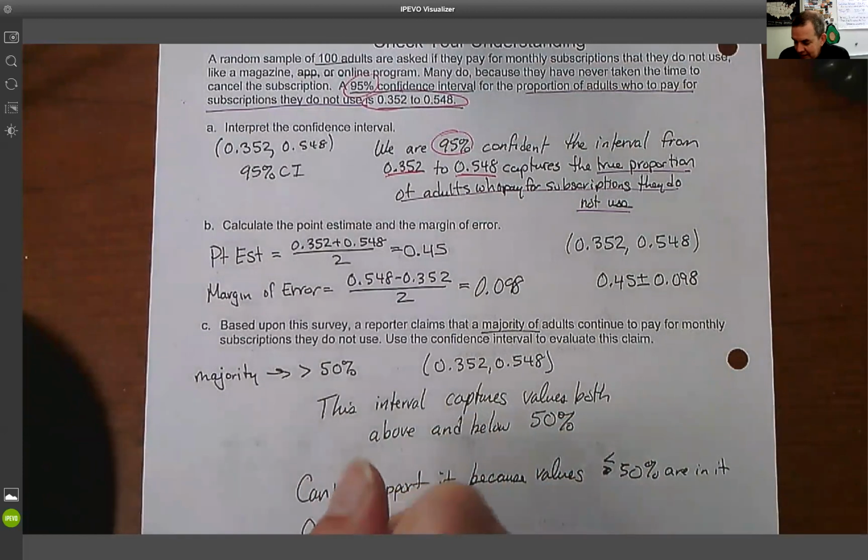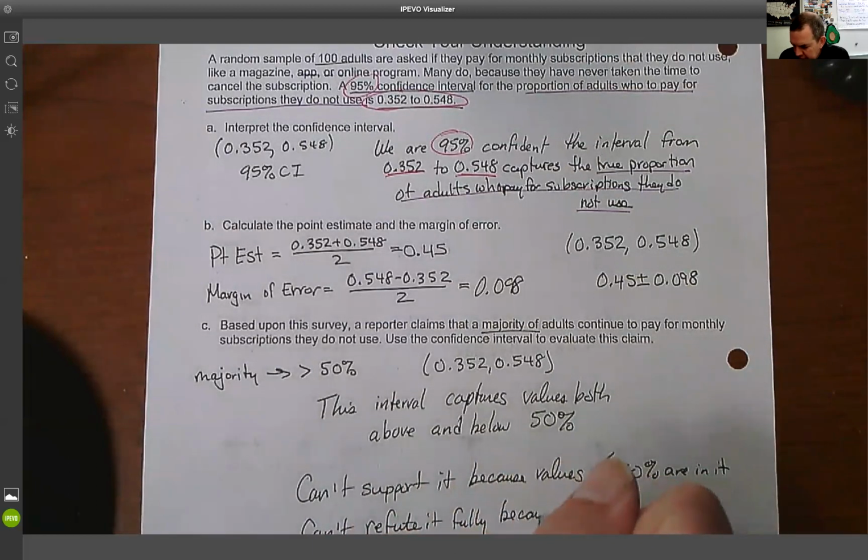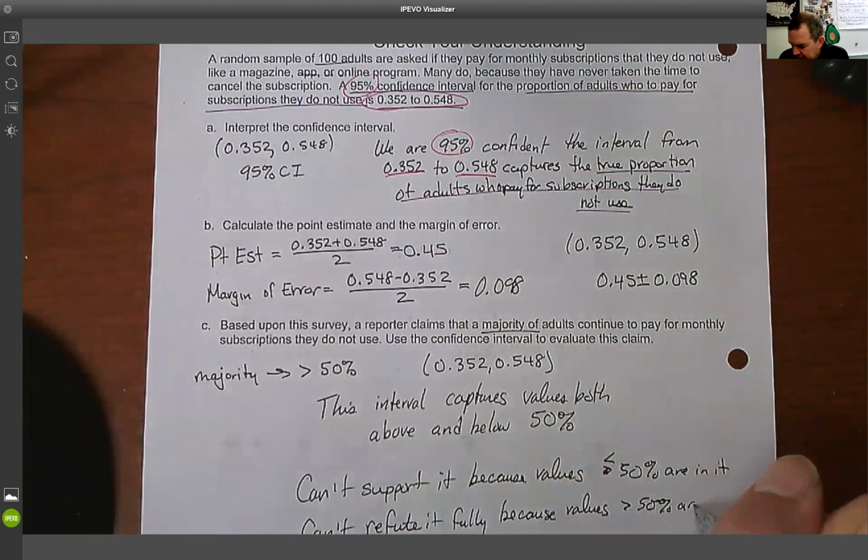But we can't really fully refute it. We can't refute it fully because values greater than 50% are in it.